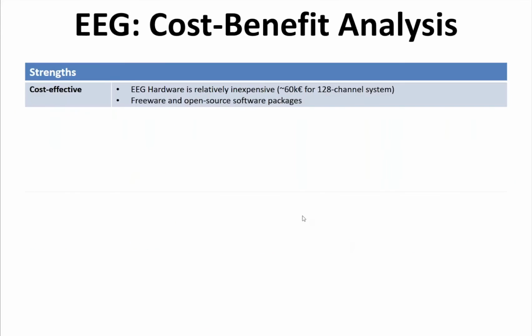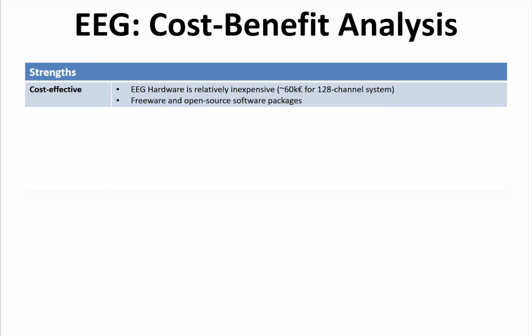So let's think first a little bit about some general things about EEG in terms of cost-benefit analysis. I would put to you that EEG is quite cost-effective. It may not seem like it, but EEG is actually relatively inexpensive. It's on the order of about 60,000 euros for a 128-channel system.